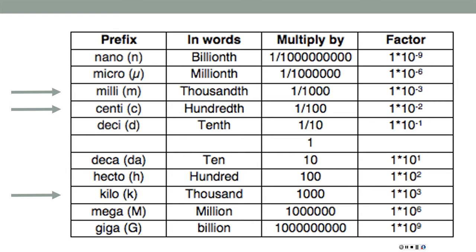Now, you don't need to memorize all these by any means. I do ask that you learn 3 of them. They're the ones that have the arrows next to them. So centi, milli, and kilo. Those are the main ones used in everyday life, so I want you to be aware of them. If I'm measuring the distance from me to Cincinnati, it would be in kilometers.